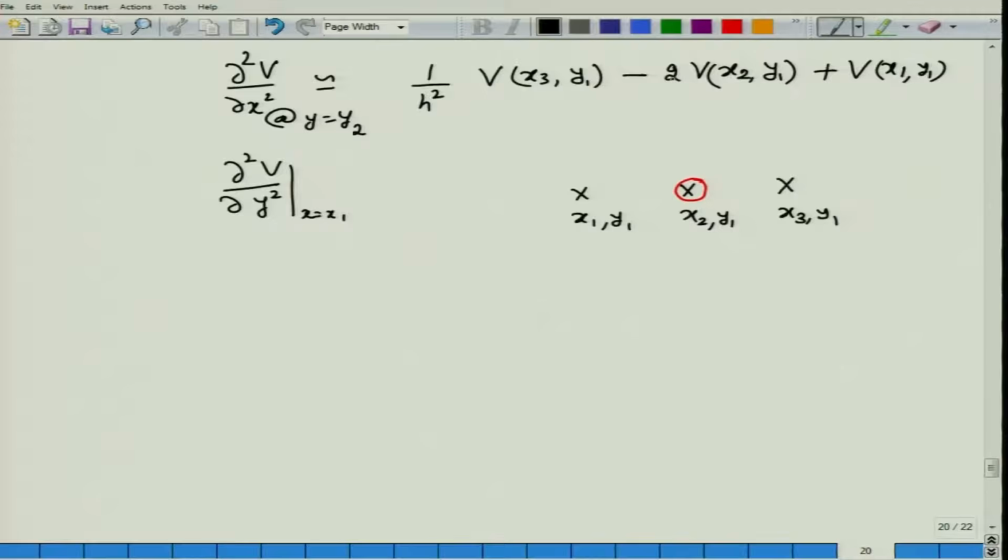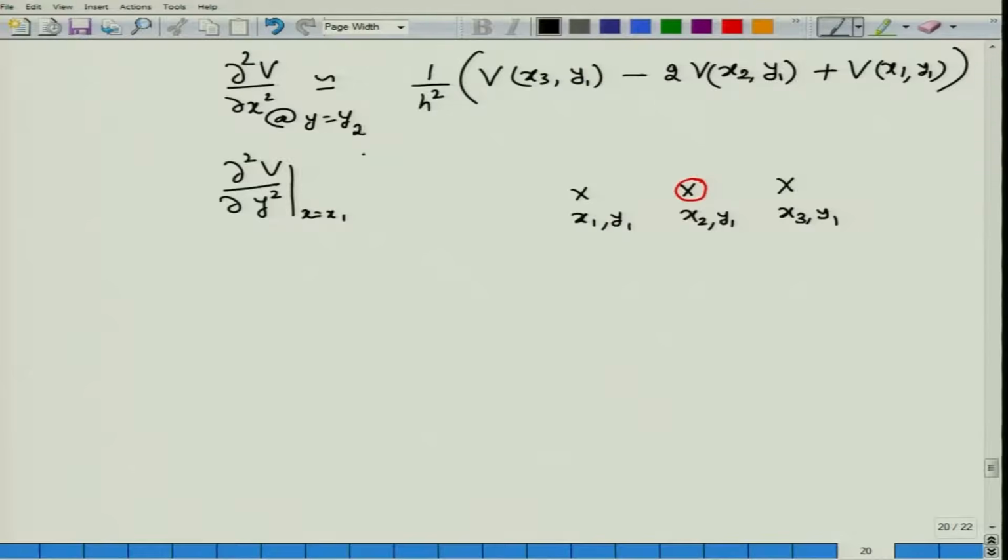I have to give a weightage of minus 2 to the center, a weightage of 1 and a weightage of 1 to the others, sum up all these values, and then divide the entire thing by h square. While I am looking at del square v by del x square, y is a constant, y1, y1 and y1. It is x to the right and x to the left that needs to be added up here.